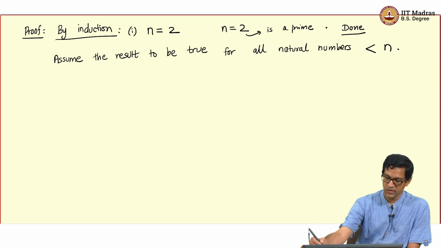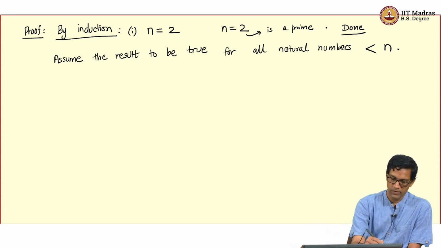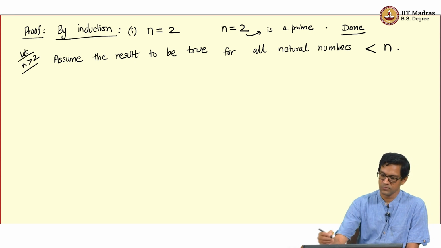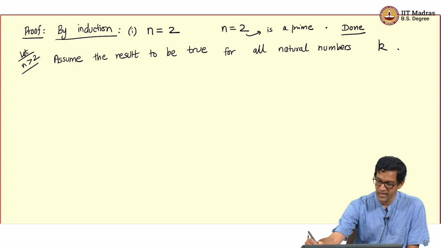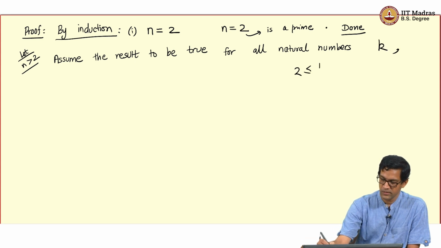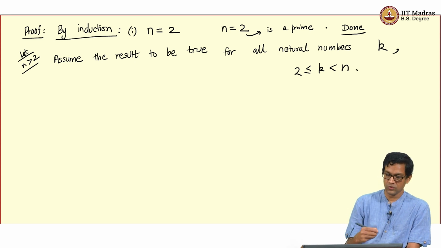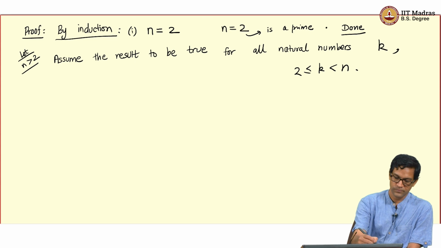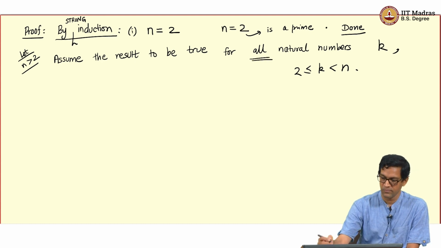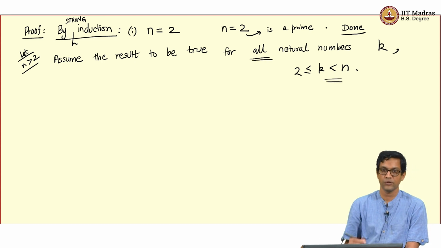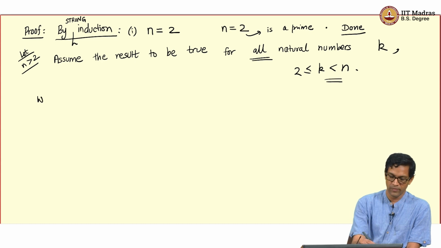So let n be some natural number. Assume the result to be true for all natural numbers k between 2 and n, strictly smaller than n. So this is strong induction if you wish. This is sometimes called the principle of strong induction, which means you assume the result for all natural numbers smaller than n, then you prove it for n. Now we want to prove it for n.